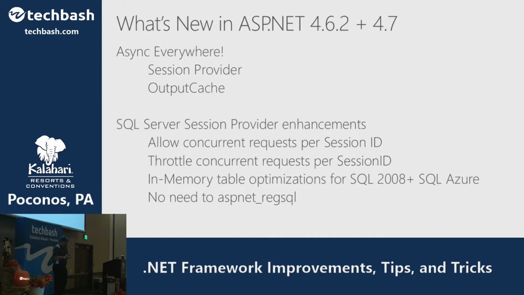There are additional providers for session and output cache that work with SQL Server and work with them using asynchronous connections. This means that when you go to save your output cache using that SQL Server provider and you want to persist it so it's not just in memory on the one web server, but it's in a shared memory out on SQL Server, it will now do that asynchronously for you.